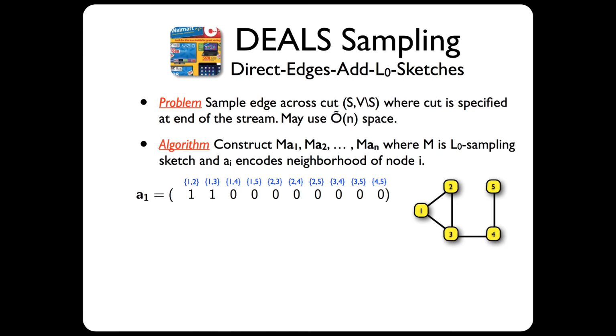So in the neighborhood of 1 there's an edge between 1 and 2, and an edge between 1 and 3. And look, the non-zero entries of a1 are (1,2) and (1,3). Similarly, for a2, the non-zero entries are (1,2) and (2,3).